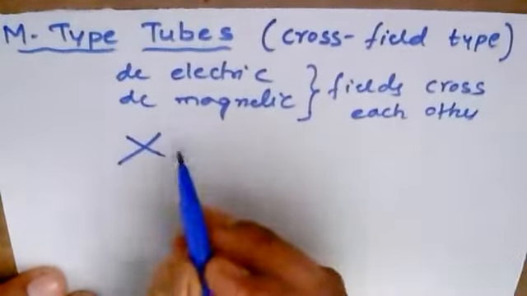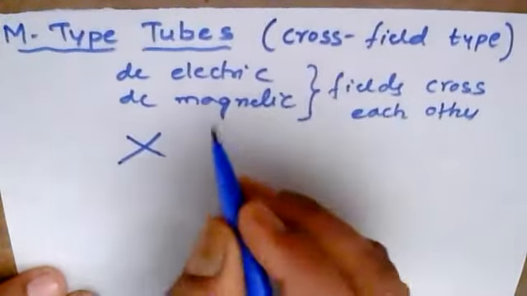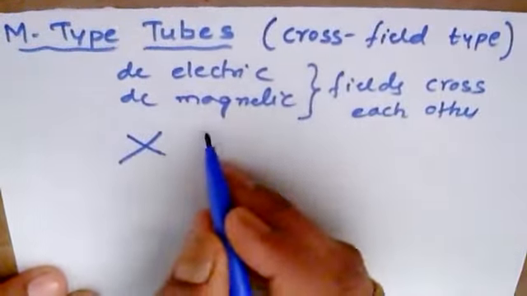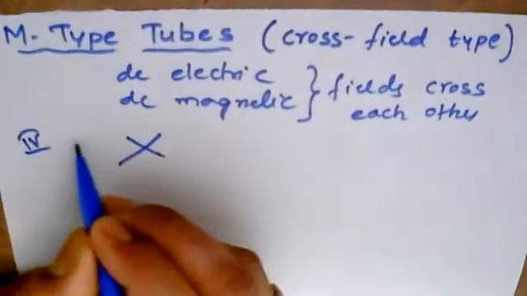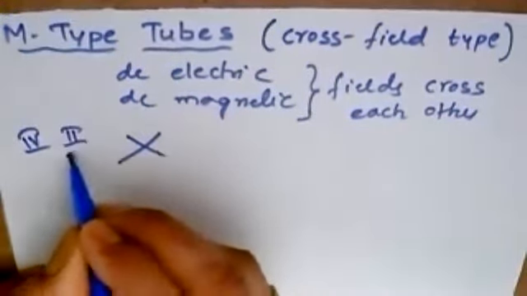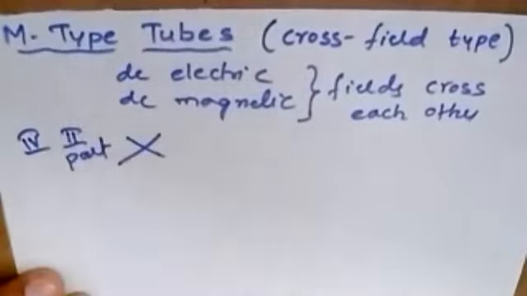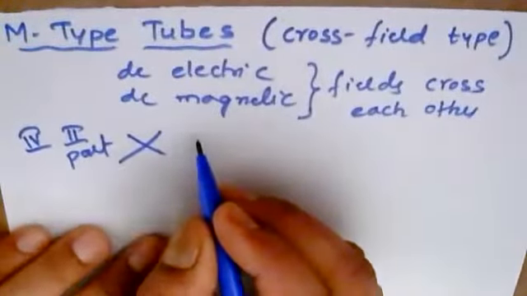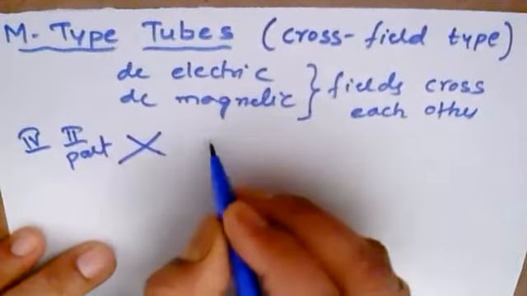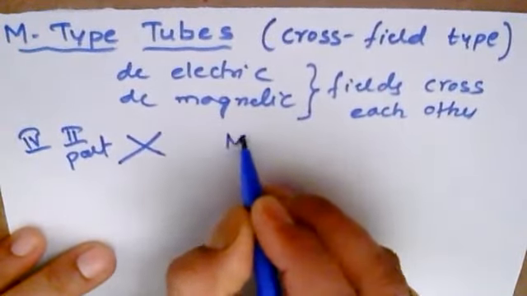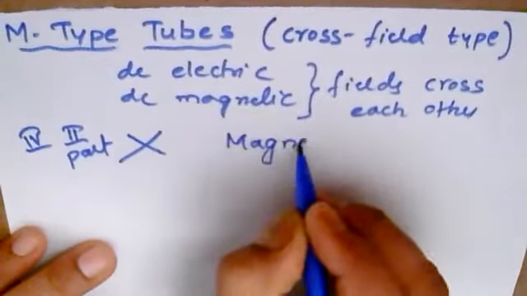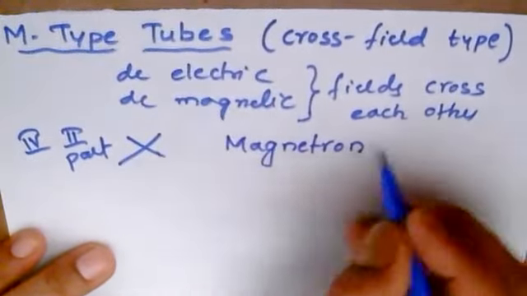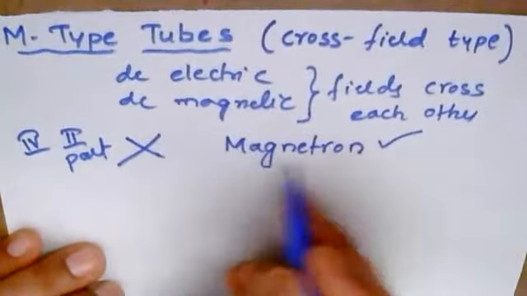And that is the second category which we are about to discuss. It is the fourth unit, second part, where the main important point which we are going to discuss is nothing but the magnetron. So magnetron is the only topic we have, with some little more discussion.